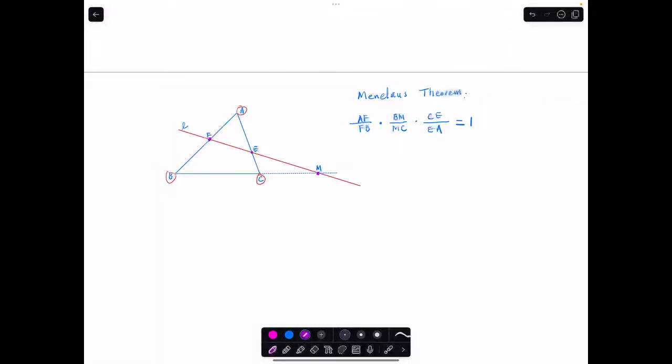So what you do is you write the triangle vertices A, B, C, and you write in between, right? For AB, the cut is F. For BC, the cut is M. And for CA, the cut is going to be E. So what you do is kind of a cycling matter.